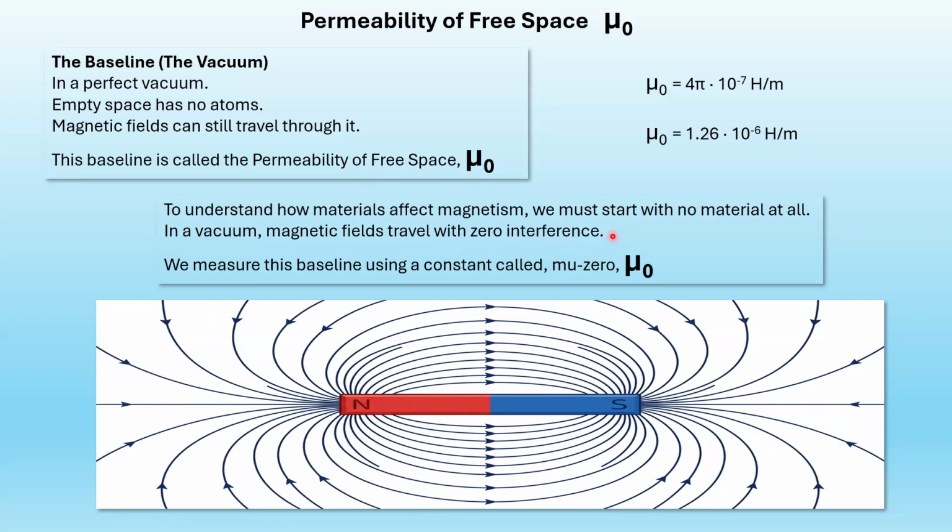Interference, positive or negative interference. Nothing is affecting those. Right? We measure this baseline using the constant called mu0. So that's our baseline here. That's our sort of ground level for electricity. But this is not electricity. Well, sort of, but we're concentrating on the magnetism part.